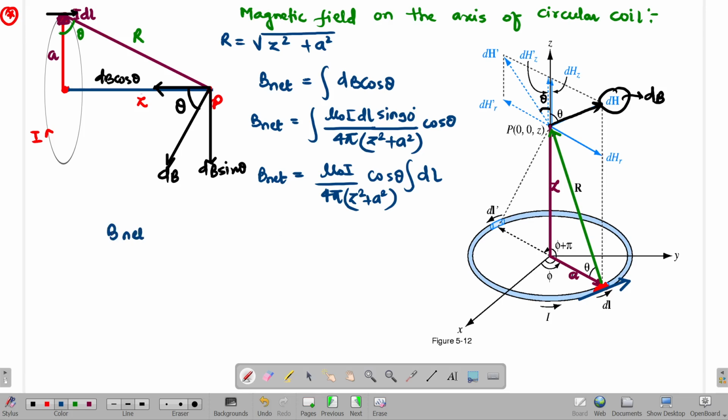B net is equal to mu naught I cos theta divided by 4 pi into z square plus a square. What is integral dl? Tell me. Integral dl will be 2 pi a or not? Are you able to get me?